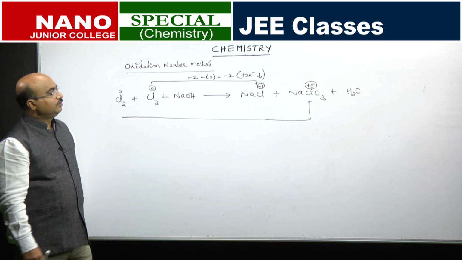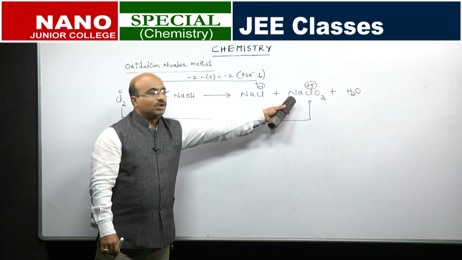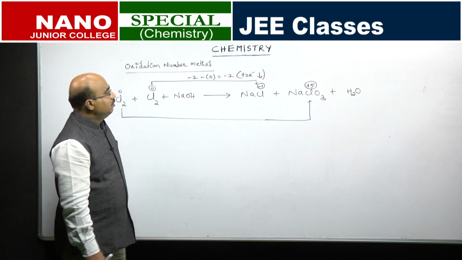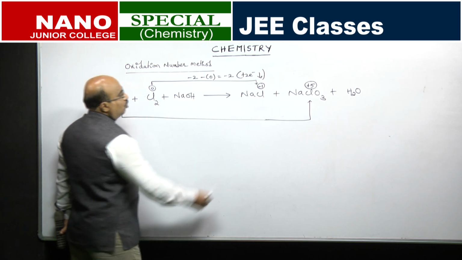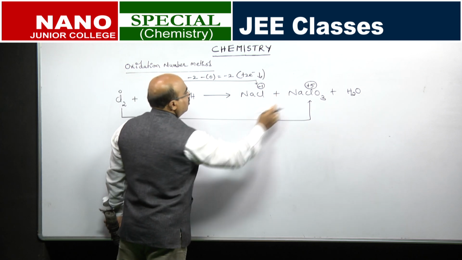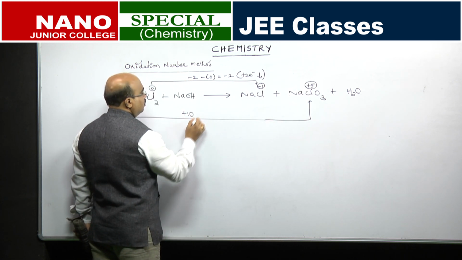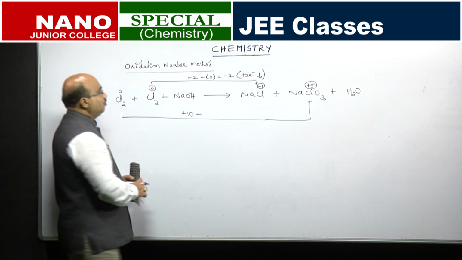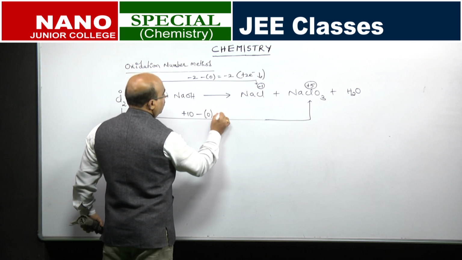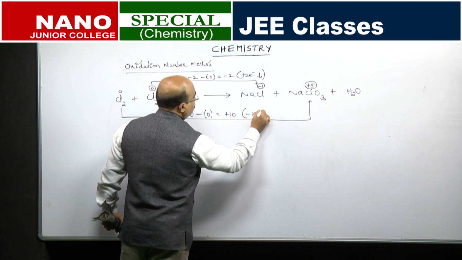Next, in this there are 2 chlorines here, 1 chlorine there, but all the chlorines should go as +5. So, 2 chlorines must be there here, that is 2 into 5, 10, minus this 0. So, it is +10, that means 10 electrons lost.